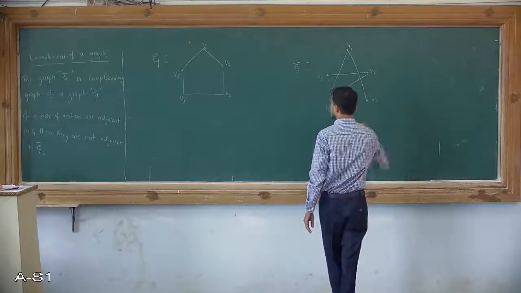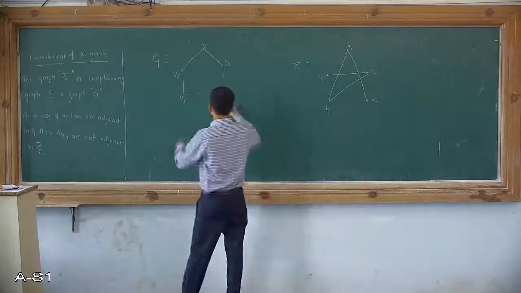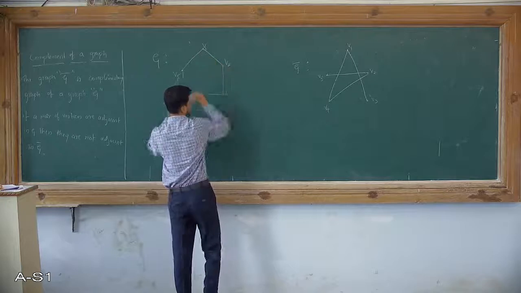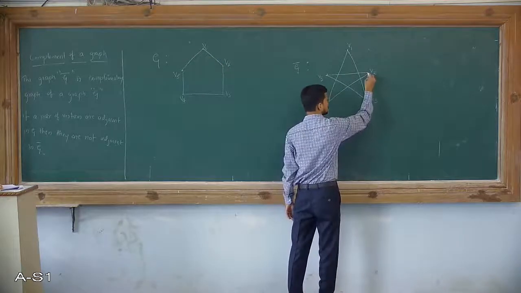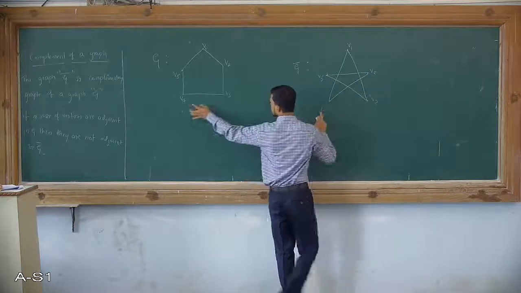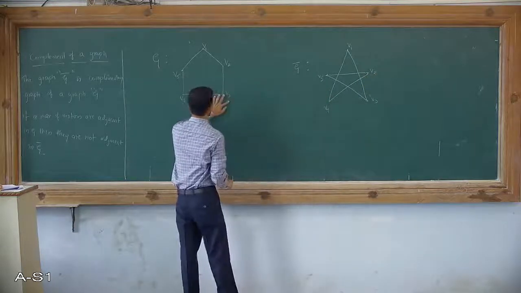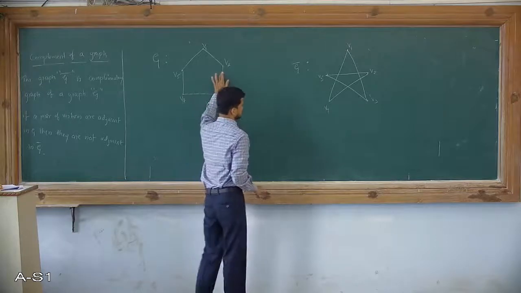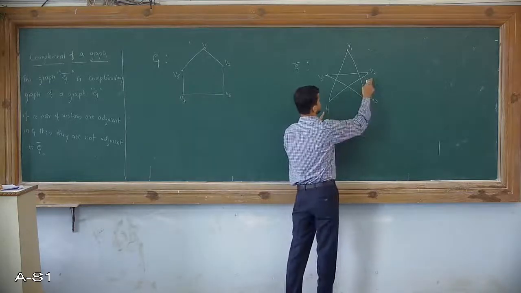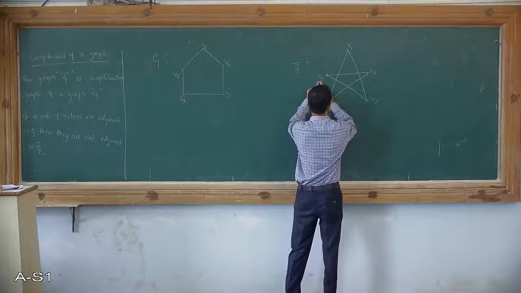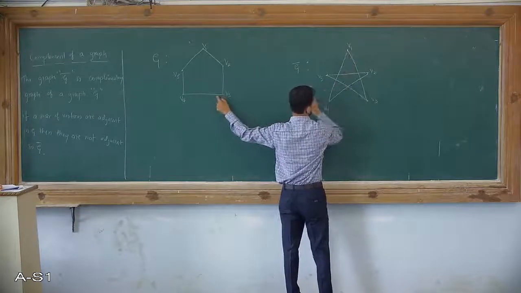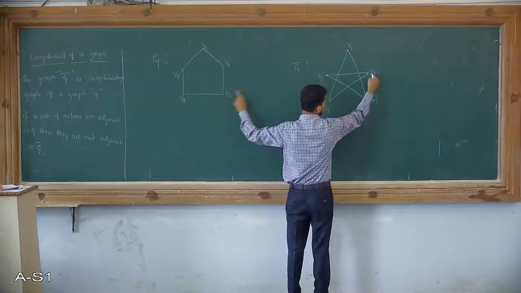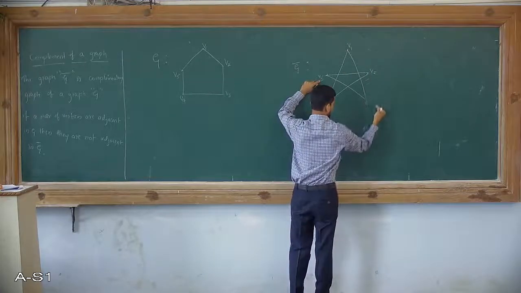V2, V4 and V5, we need to consider. So now V3 is adjacent with V2 and V4, we need to consider V1 and V5. So V1 is already considered. So this is V5. V4 is adjacent with V5 and V3, we need to draw V1 and V2. So therefore V4 is connected with V2 and V1. V5 is connected with V4 and V1 in the graph, but here I have considered V5 adjacent with V2 and V3.